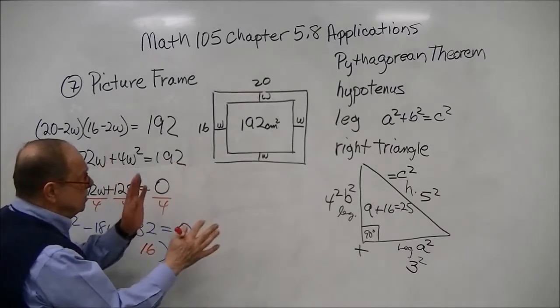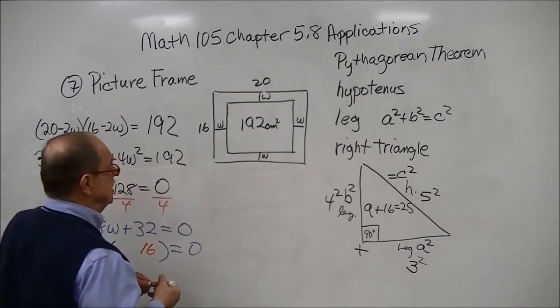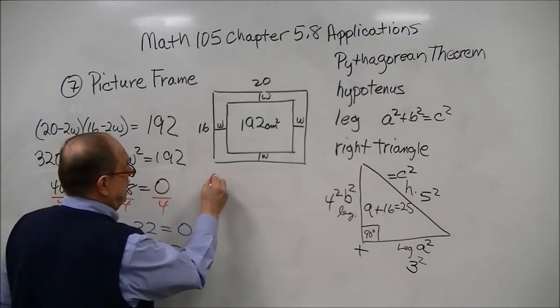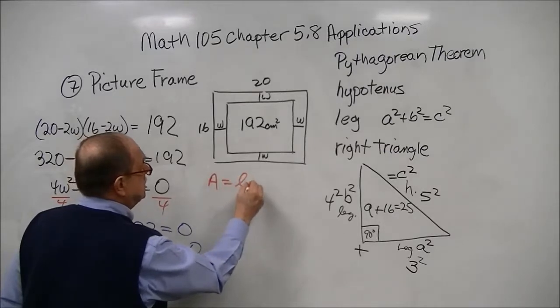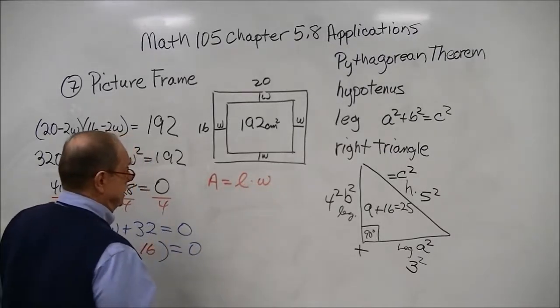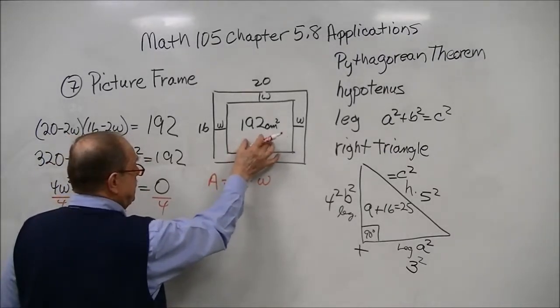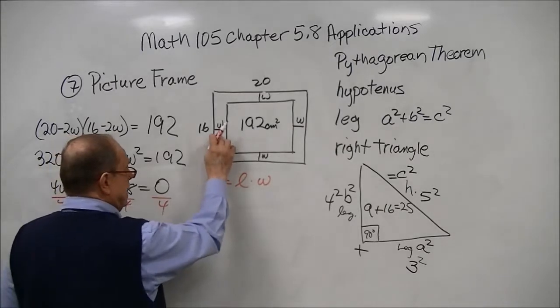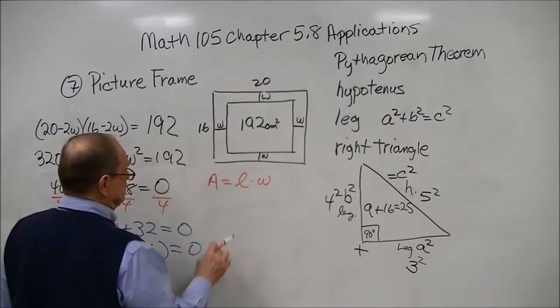Now, what kind of formula can you make out of it? Well, remember, area equals length times width. So that's what went on in here. So I want to find out what that W is.